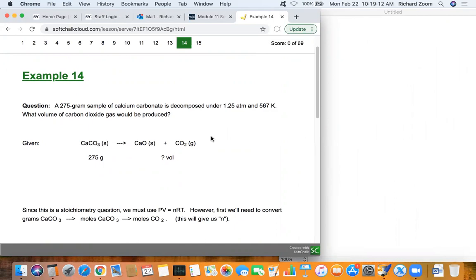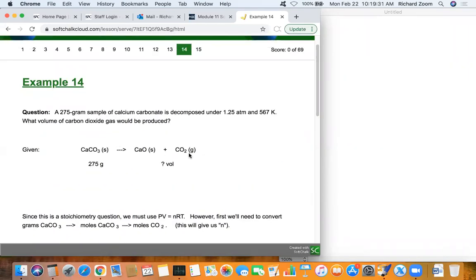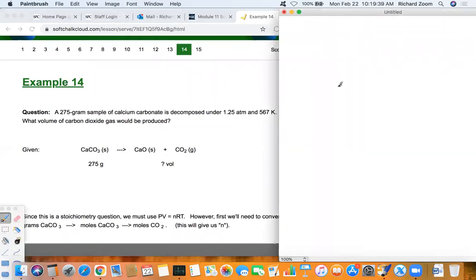So we're given a mass of calcium carbonate, but we're looking for a volume of carbon dioxide, which means we are going to have to incorporate the carbon dioxide somehow into the problem. And we do that by determining how many moles of CO2 we're going to get here, so that we can apply PV equals nRT.